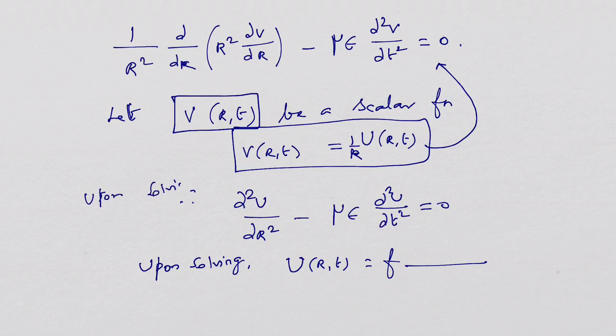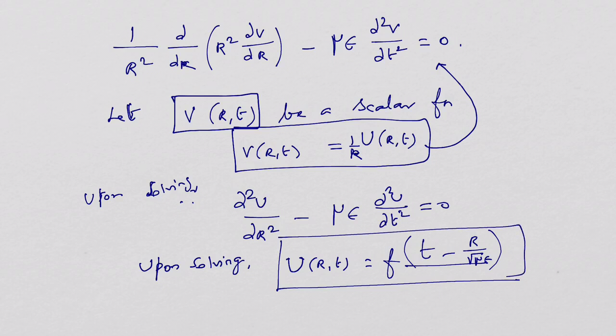Upon solving, we arrive at the solution: u of r comma t is a function of t minus r times square root of mu epsilon. So this expression indicates that the wave is traveling in the direction indicated by r with the velocity 1 divided by square root of mu epsilon.